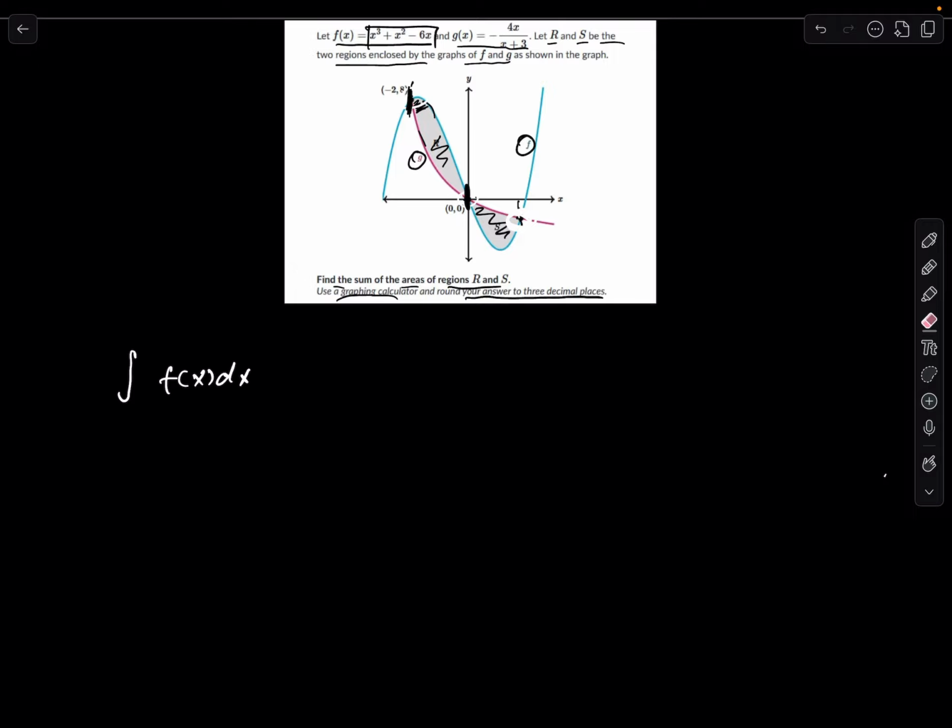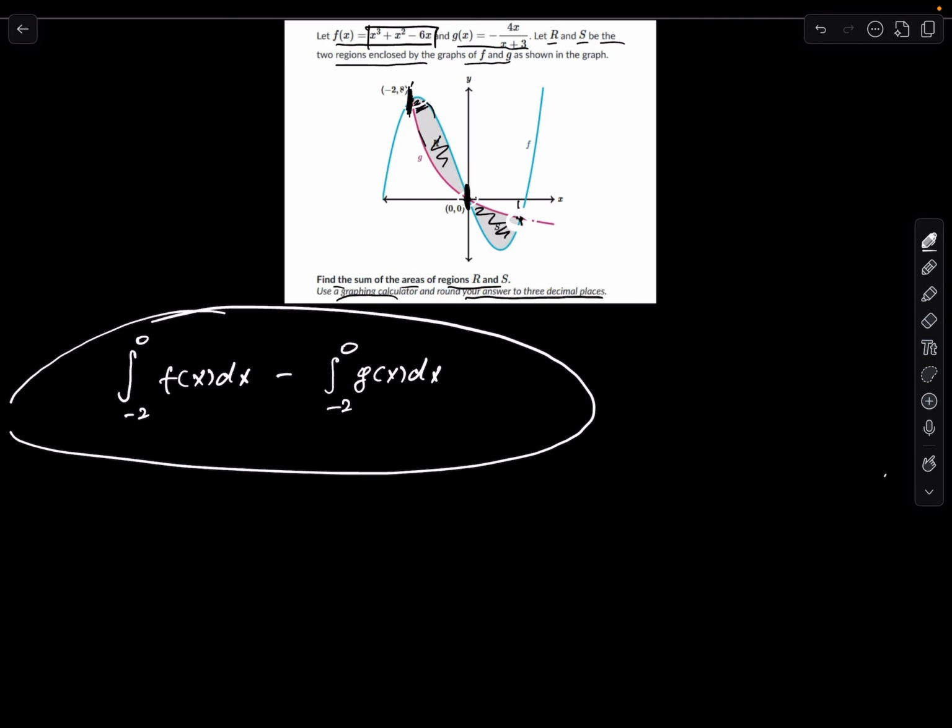Note that f of x is simply greater than g of x here, from -2 to 0, f of x is higher, that's why we're subtracting. So if you find the value for this expression, this is going to be equal to R.